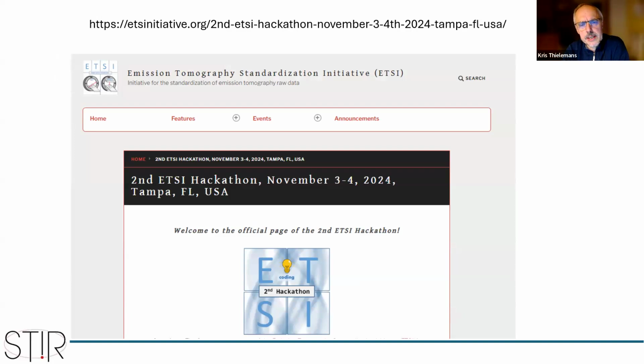It's going to be mostly, obviously, PET-ETSI development, but also some STIR if people are interested in that. And you can still join online, even if the registration page says that you can't, you can. The online experience won't be great for a hackathon. The hybrid hackathons are really hard, but you can at least follow and see what's going on.